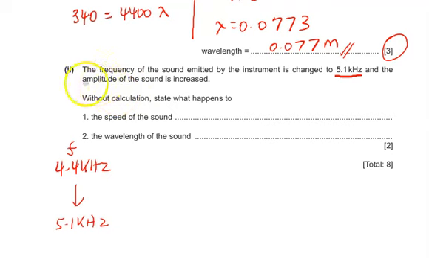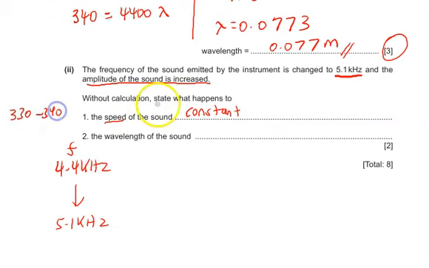And the amplitude of the sound increases. Now if the amplitude of the sound increases, without calculation state what happens to the speed of the sound. So the speed of the sound remains constant. This one always remains constant. If it's in air, it remains at 330 to 340 meters per second.